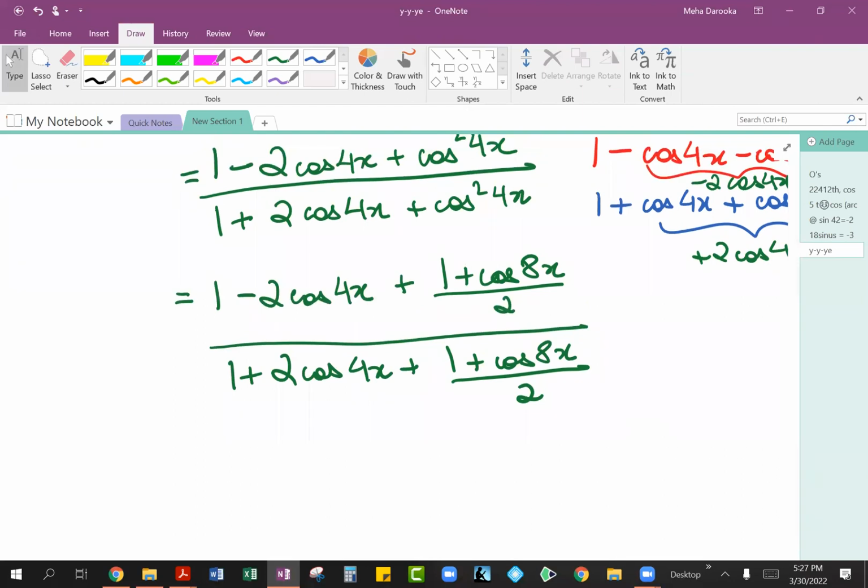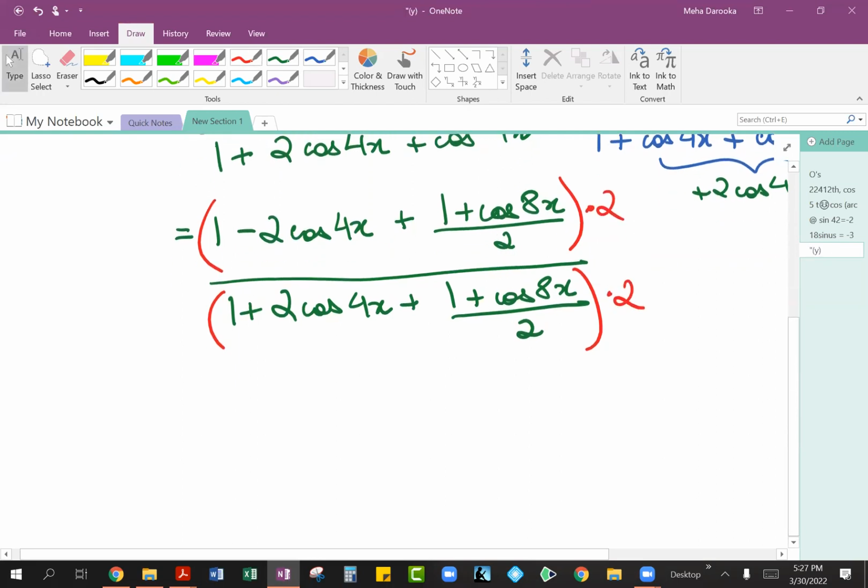So if I multiply everything by 2, what will that give us? Well, remember you distribute that. So that 2 will go into everything.